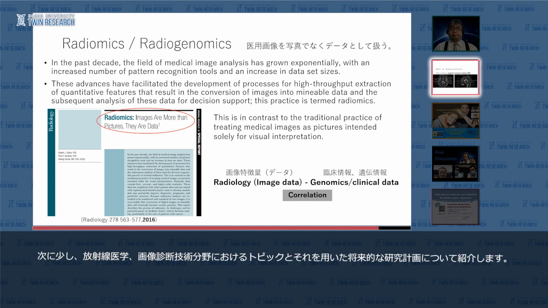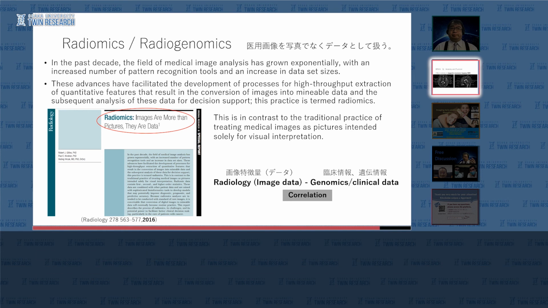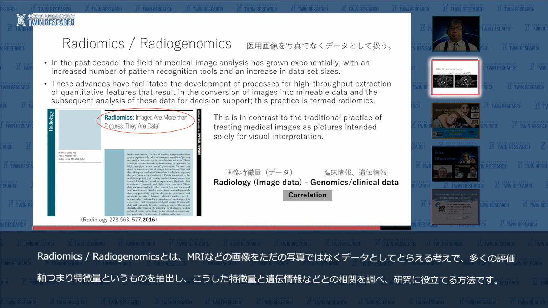I will introduce a recent topic in radiology a bit. In the past decades, the field of medical image analysis has grown exponentially with an increased number of pattern recognition tools and an increase in dataset sizes.